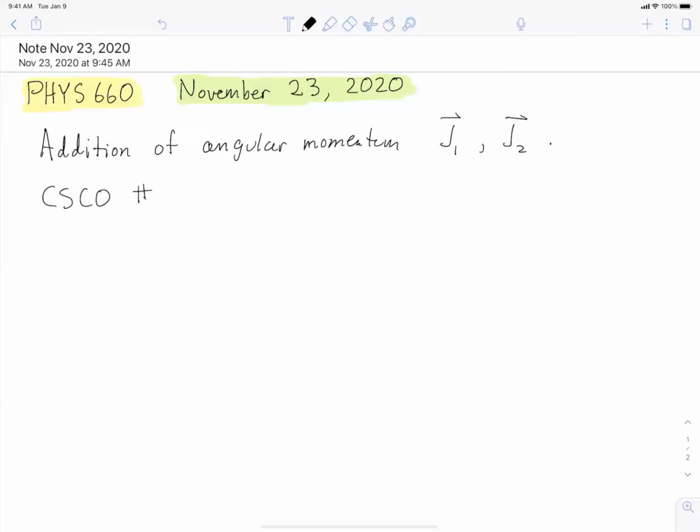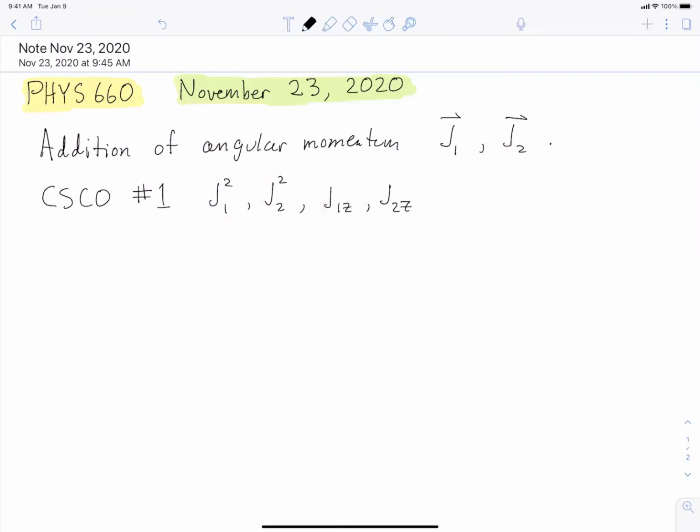One I'll call complete set of commuting observables number one, and that consists of J1 squared, J2 squared, J1z, and J2z. And so this just is sort of taking the complete set of commuting observables for J1 and the complete set of commuting observables for J2, and then just putting them all together.